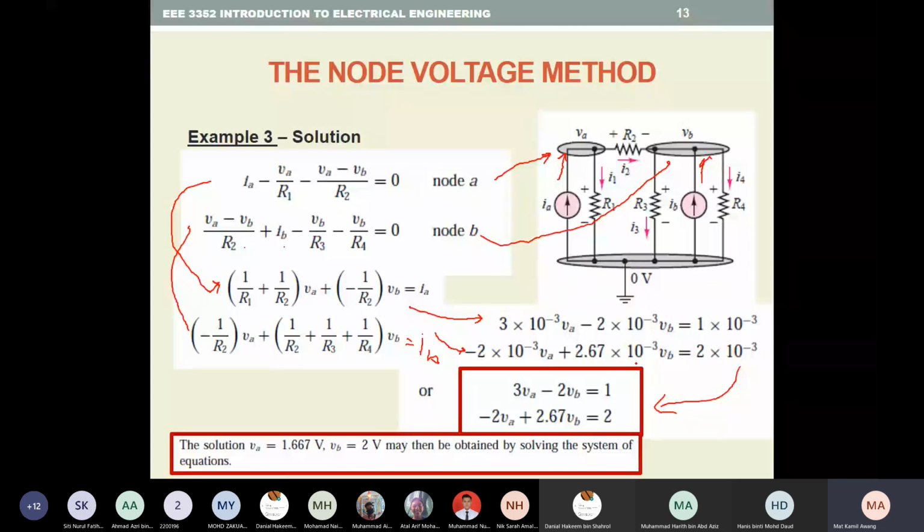And you solve the simultaneous equation, you get VA is equal to 1.667 volts and VB equal to 2 volts. Okay, you do the working on your own in order to get a clear understanding. Okay, any question?